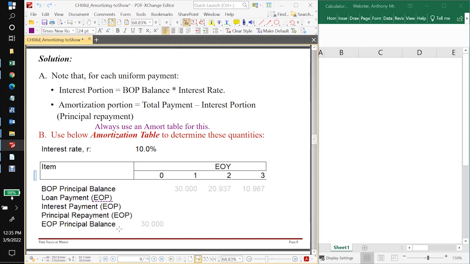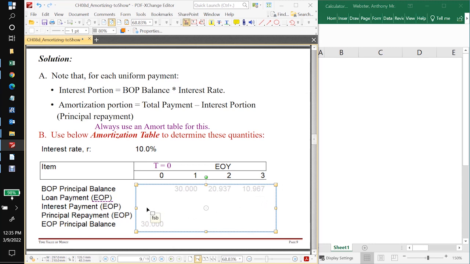So let's see if we can fill in this table completely for Mr. Small Net Worth. I've got end of year 0 here, and that's, of course, t equal 0, our beginning time. Then I've got end of year 1, end of year 2, end of year 3. That's when the payments are made with a mortgage or a financial annuity, at the end of the period.